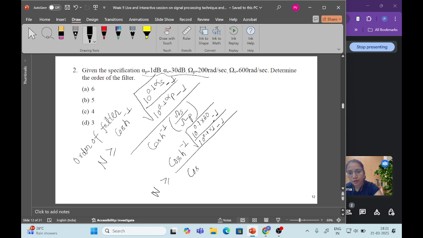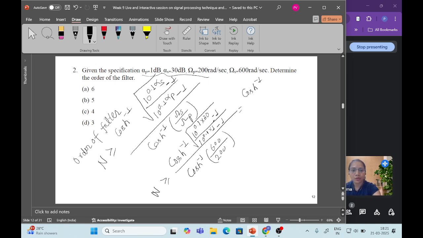Then cosh inverse of omega s, given as 600 radian per second, and omega p given as 200 radian per second. So many calculations are needed here, so I request all of you, please carry a calculator while solving these problems.